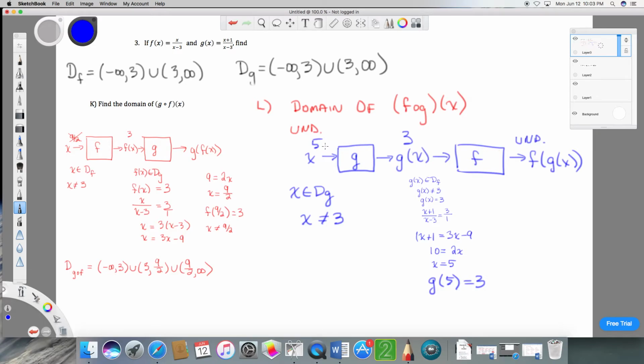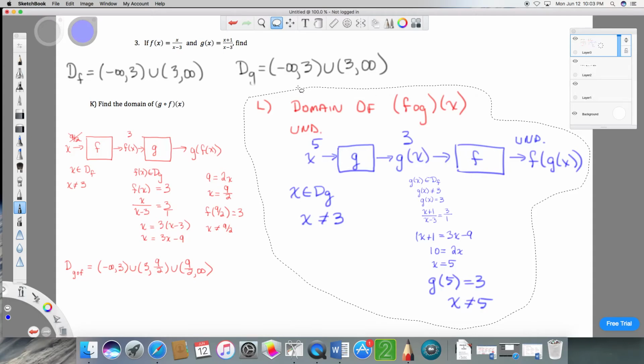So 5 isn't related to any output, so therefore 5 can't be in the domain. So we have to throw 5 out of the domain. Now remember, we've already thrown 3 out of the domain, so now we have to also throw 5 out of the domain, and we'll have our answer. The set of all real numbers, excluding 3, and also excluding 5.